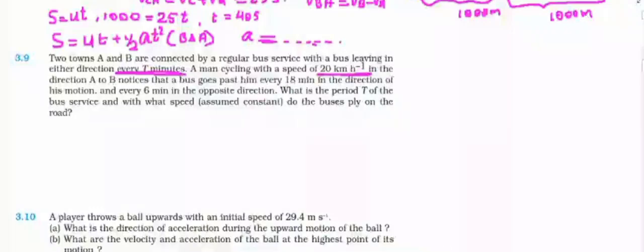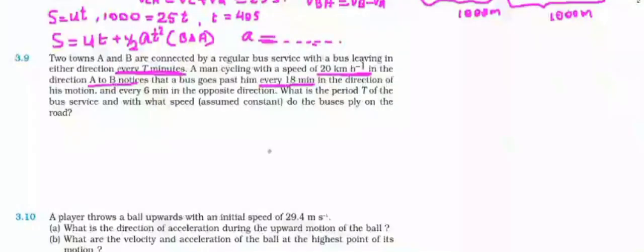This is the velocity of the cyclist. In the direction A to B, he notices that a bus goes past him every 18 minutes. Means after every 18 minutes, one bus will overtake him in the direction of his motion.